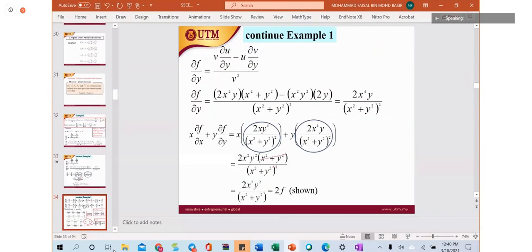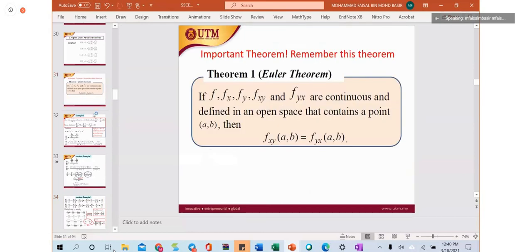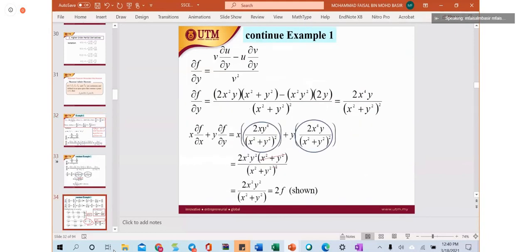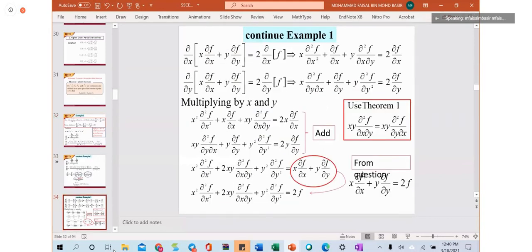Sure. Hence, we want to deduce this. I think this is one of the tedious parts, so I will leave it to you. Try to do it. If you have any problem, just come back to me. Okay. You have to do two different things, then you add, and you get the answer.